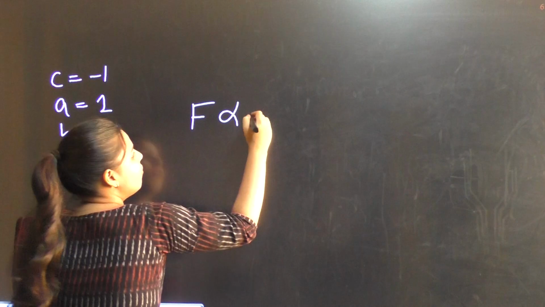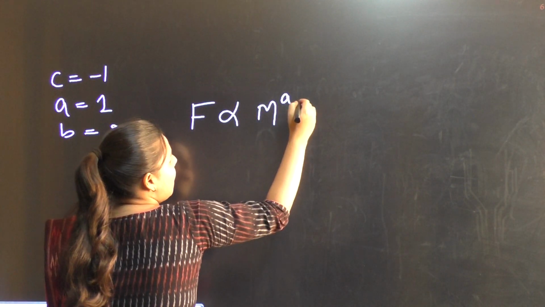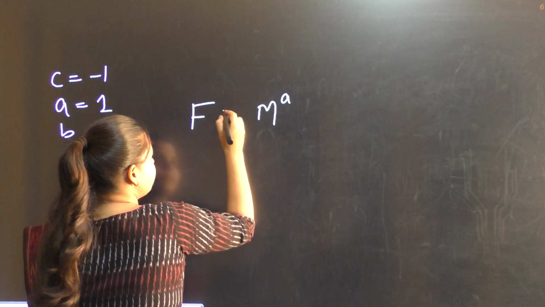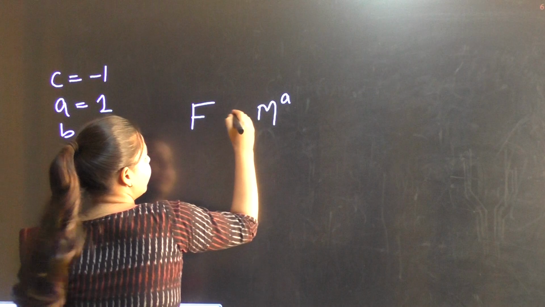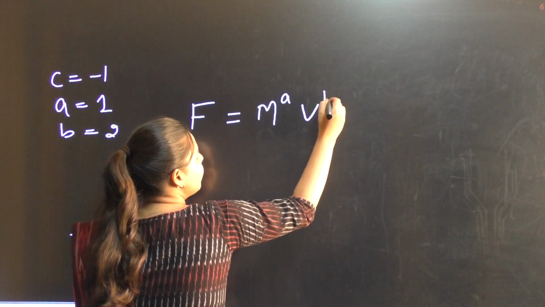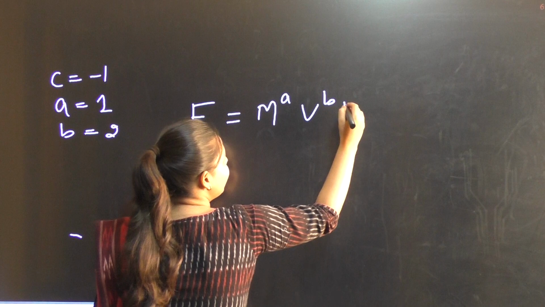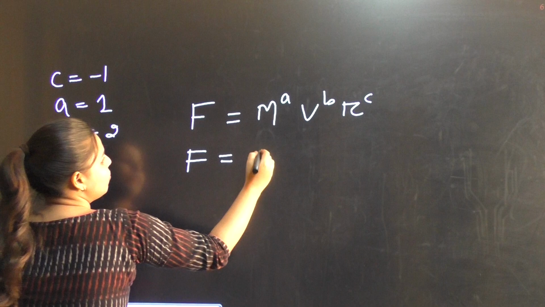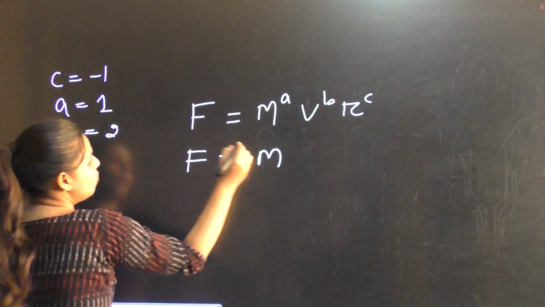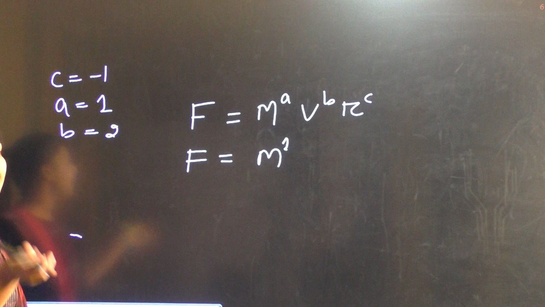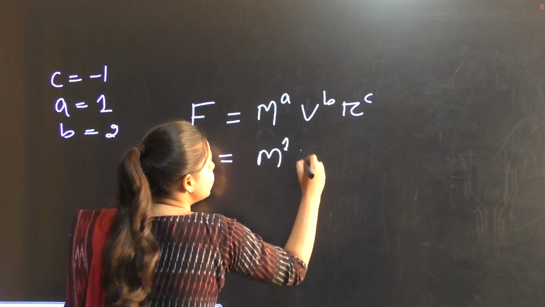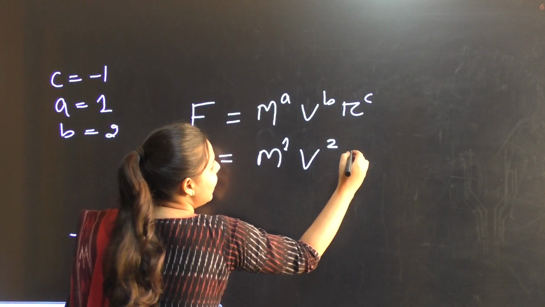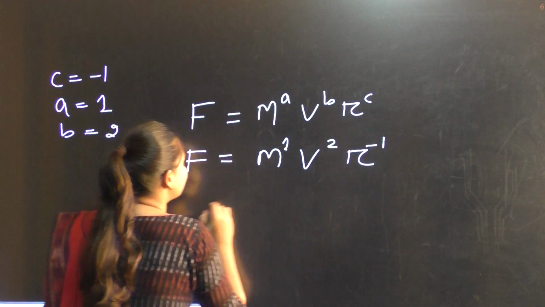Then, as we know, centripetal force F is equal to m to the power a, v to the power b, and r to the power c. Put the values of a, b, c in that equation: a is 1, b is 2, and c is minus 1.